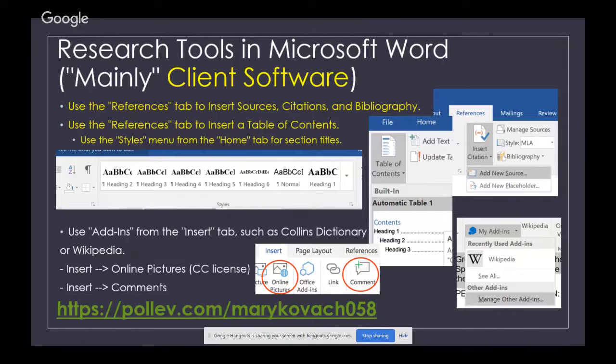So you have some of these features within the online version of Word, but these will be mainly in the client software. So, for example, you have the References tab where you can start to put in your sources. You can also create a table of contents, and this is going to be based on styles within your Word document.